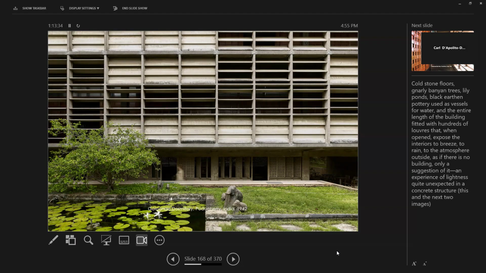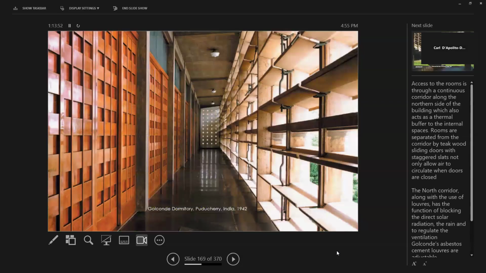And there's a courtyard back here that's got water in it, and then on the other side is the sunny side, and so there's the thermal siphon between the two sides, creating a breeze through it. And it looks like this on the inside, and there's a screen so the wind can go through the building while there's still staggered slats, so there's still privacy, but the wind can go through.